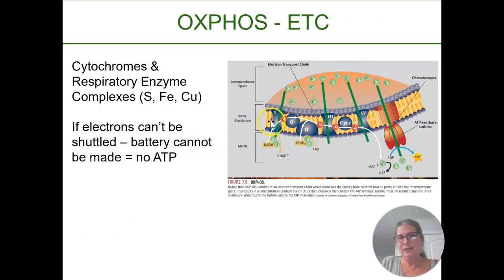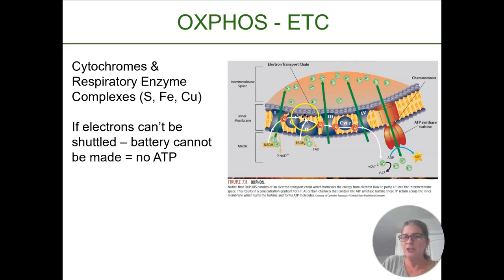Now, real quick, these little proteins are called cytochromes, and there's 4. You don't have to memorize a number, but I do want you to know that some of the components are some minerals. So we have sulfur, iron, and copper. So one reason why we need these in our diet is because they help form the electron transport chain, which is going to shuttle those electrons through.